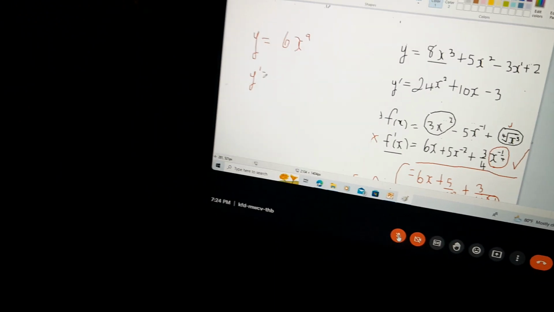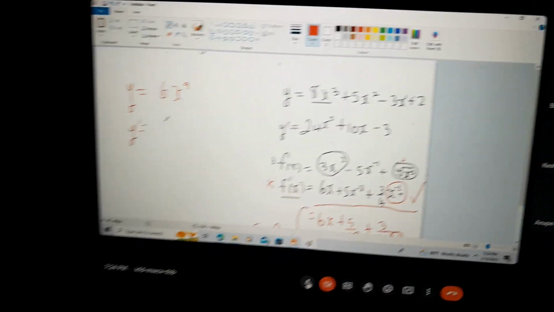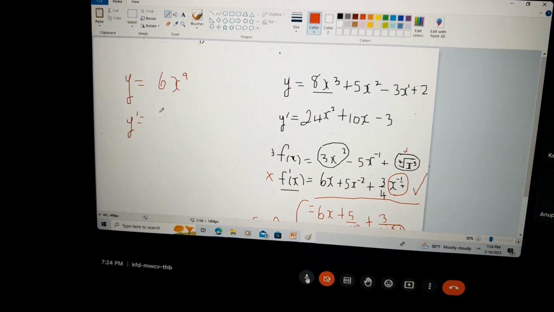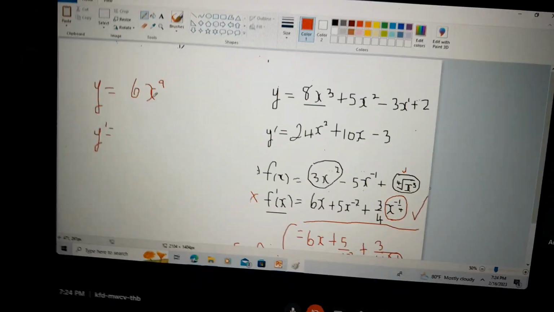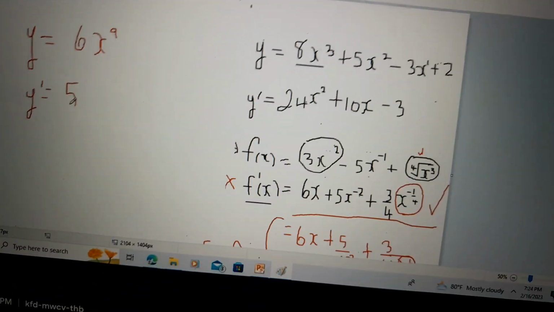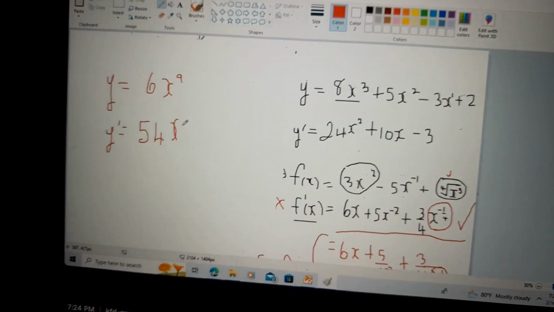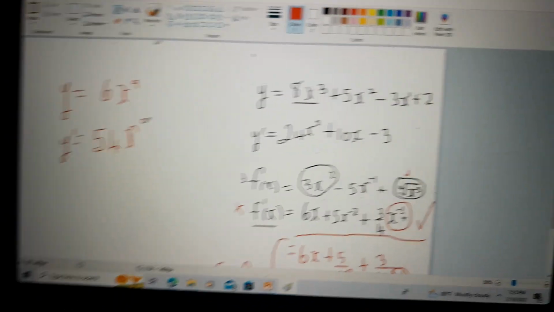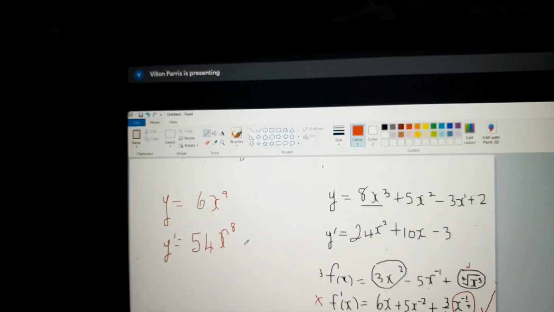Quickly, let's get it. 72 to the 8th. 6 times 9s. No, 63, sir. Not 54? 63. 54, sir. 54. Yeah. 54 x to the 8th power. So this is basically the power rule.